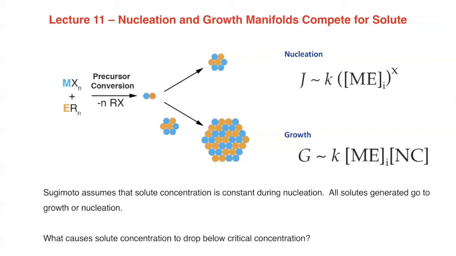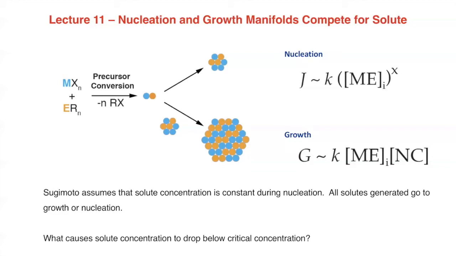So you supersaturate, you hit the critical concentration, at which point nucleation turns on. And then you start making crystals, and those crystals start competing for solutes. And eventually, the number of crystals is high enough that they outcompete the nucleation process entirely, and they begin to exceed the solute supply rate.